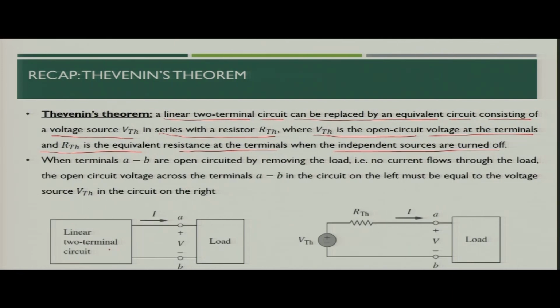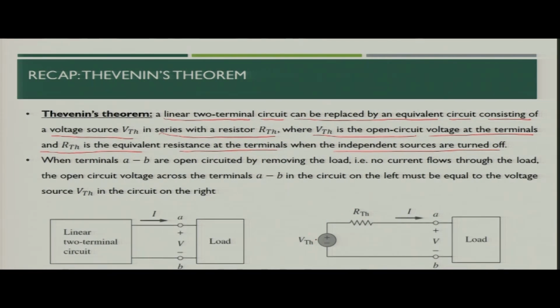So, what we discussed is that if we have a fairly large circuit and we want to study the load connected across two terminals, then the circuit which is to the left of the nodes A and B can be approximated, rather can be equated, with the voltage and resistance shown in the figure.